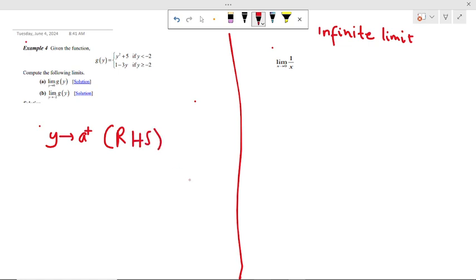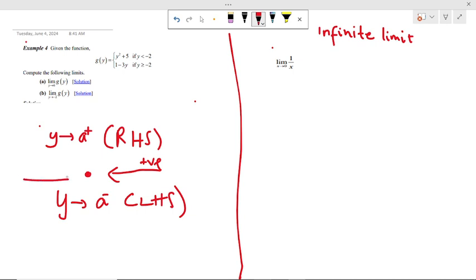Now when you are approaching from the negative direction, it is the left hand side limit.